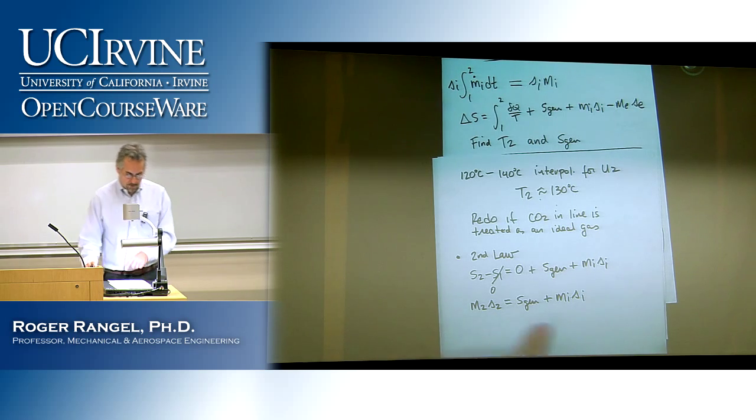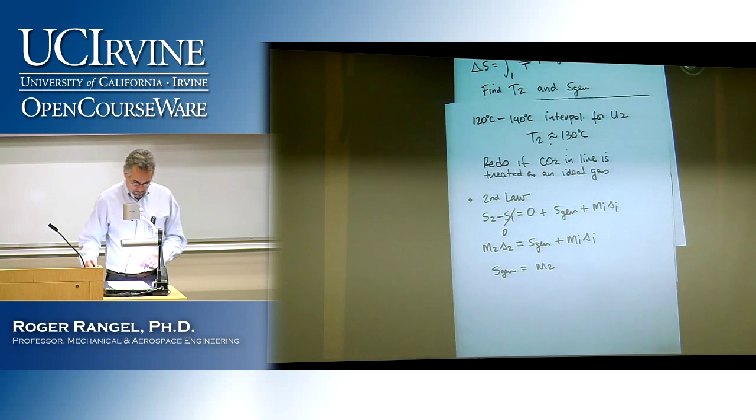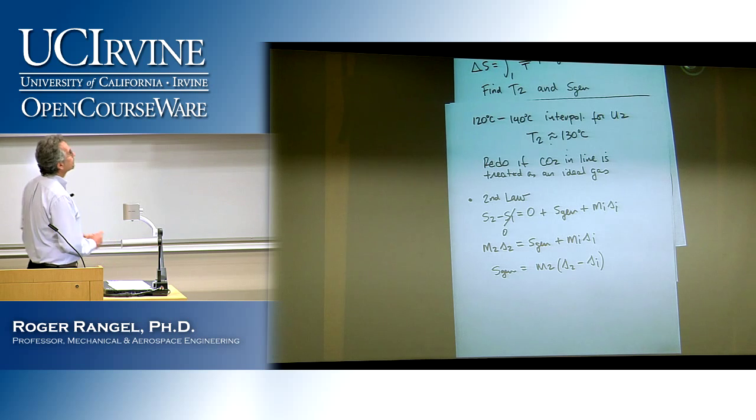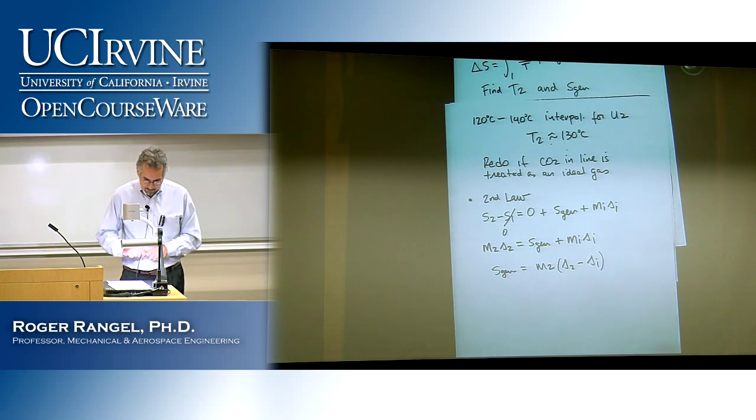Of course, m_i was the same as m2. So I can just simply write that entropy generation is m2 times (s2 minus s_i). Okay? And that completes the problem.